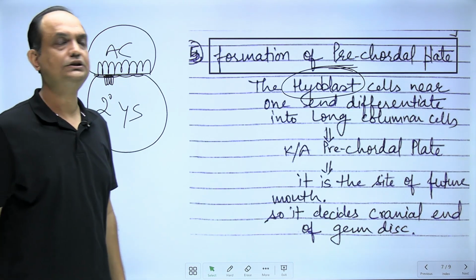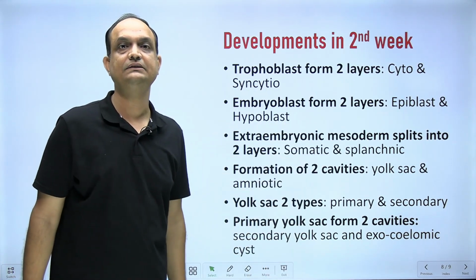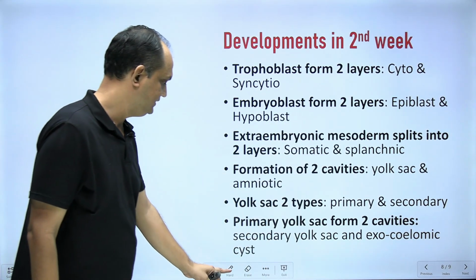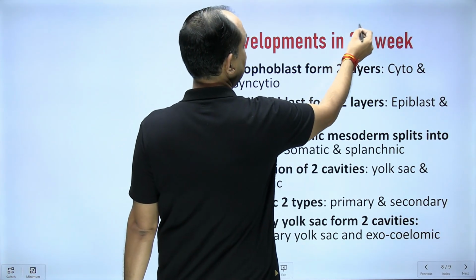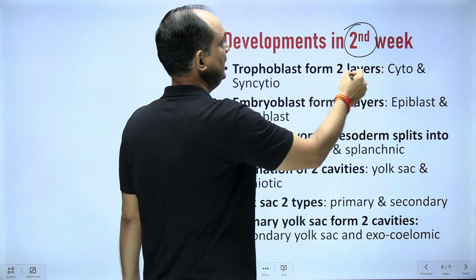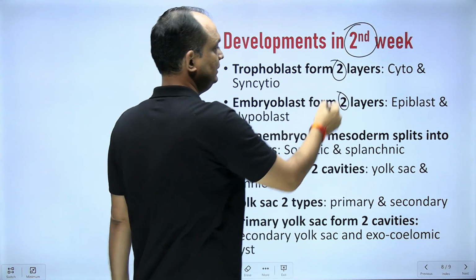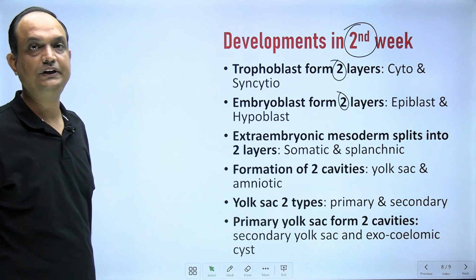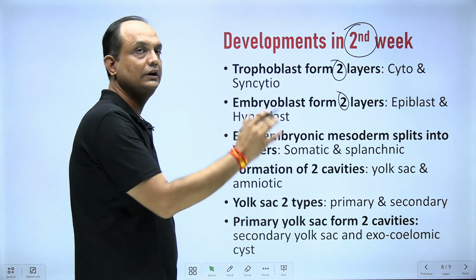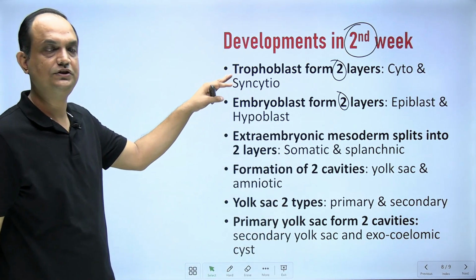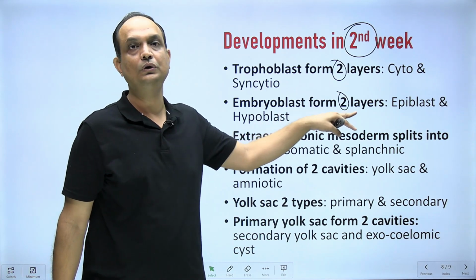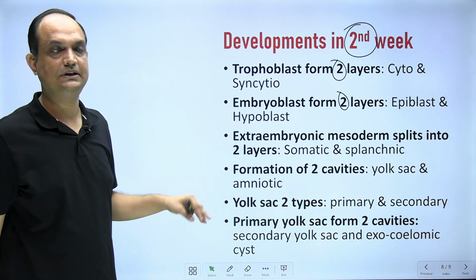So now in a nutshell, what are the changes that will take place in the second week? The first change, I told you, because we are talking about the second week, you will have the word 2 in the second week, and that's why it is known as week of 2. So there is a formation of 2 layers from trophoblast, cyto and syncytio. There is a formation of 2 layers from the embryoblast, hypoblast and epiblast.